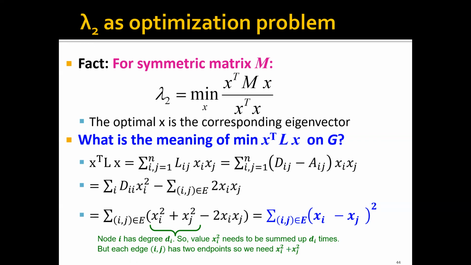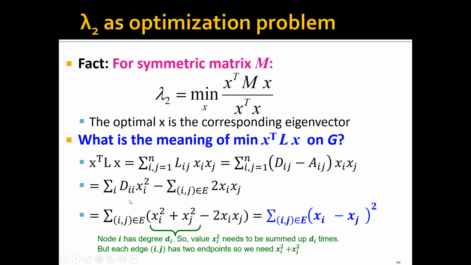Until now, you may have noticed that each node i in the graph has a degree D. Therefore, the value xi squared needs to be summed D times. But each edge ij has 2 endpoints, right? So we need both xi squared and xj squared.